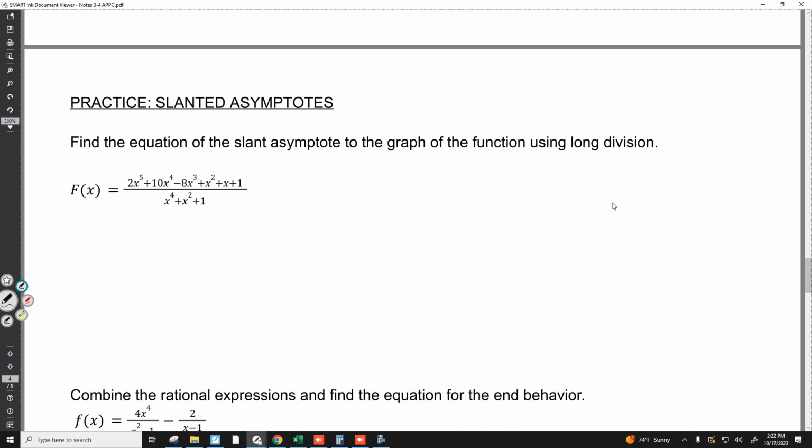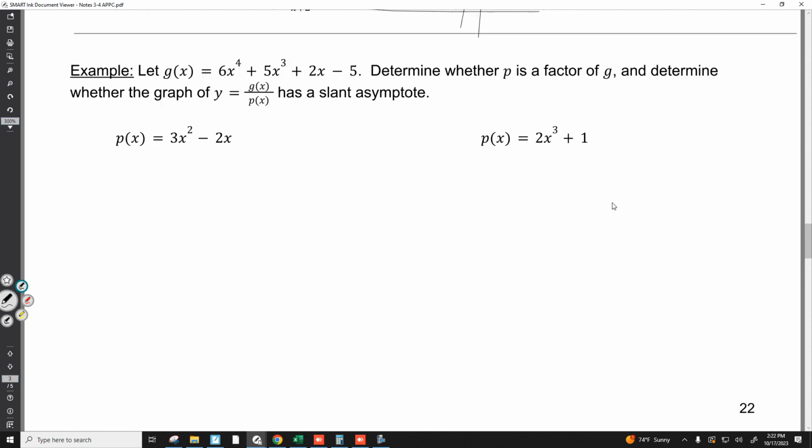So let's go and figure this out. I got g of x, and I'm dividing it by something. Give me the equation of the end behavior.